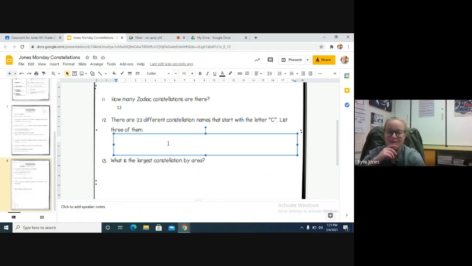Okay, so for number 12, it says there's 22 different constellations that have a name that starts with the letter C. So you need to list 3 of them. There's a whole bunch of them. List 3, please.